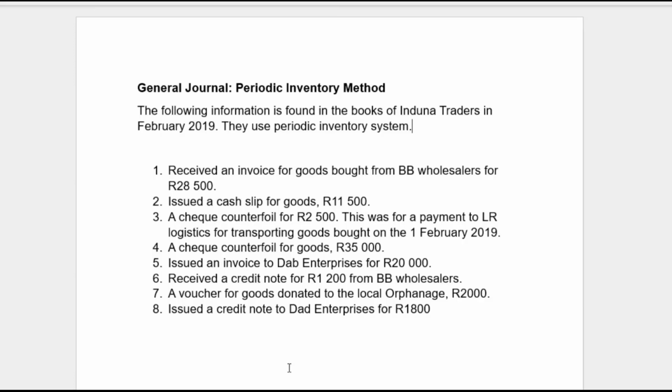For transport, right? So whenever you are utilizing the periodic inventory system, the 2 accounts affected are going to be carriage on purchases and bank. Carriage on purchases and bank.